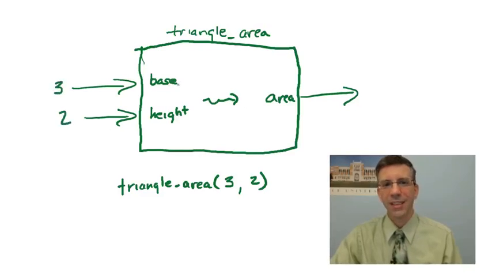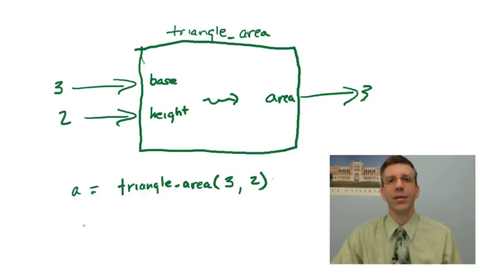So base gets the value 3, height gets the value 2. I compute the value of the area, which becomes 3, and out goes 3 on this side. So if I were to print this, I'd get 3. If I assign it to A, A would become 3.